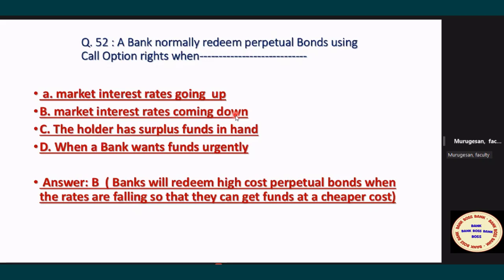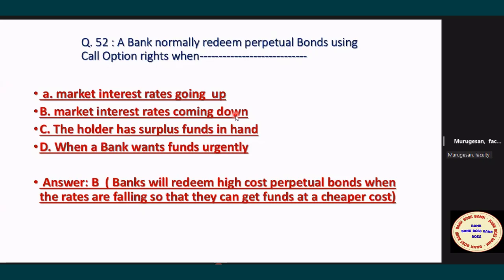This is just a twister question. Can a perpetual bond be redeemed? Yes, it can be redeemed, but only the issuing bank can redeem. When they can redeem, they exercise their call option. Normally the call option will be embedded in the deal.